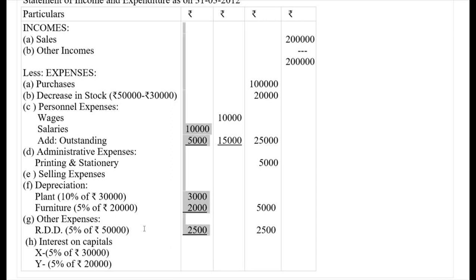So when we calculate the interest here, X will be rupees 1,500, whereas Y is rupees 1,000. So when the sum is taken here, it will be 2,500.